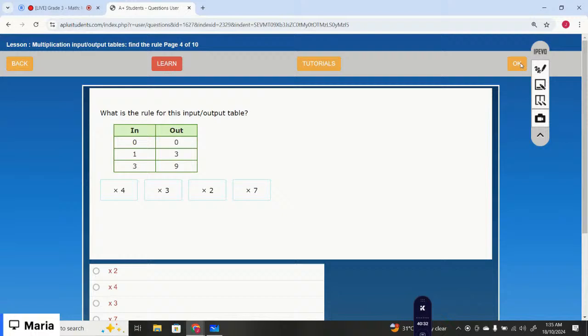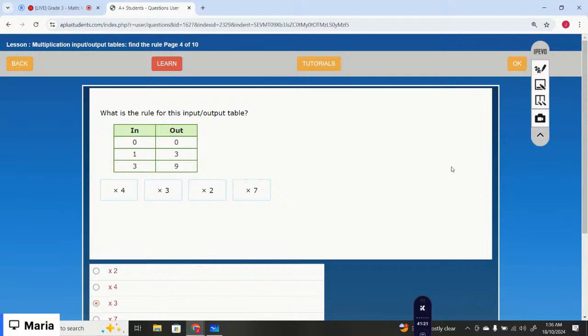What is the rule for the input output table? Which is the correct option? One times 3 is 3 and 3 times 3 is 9.